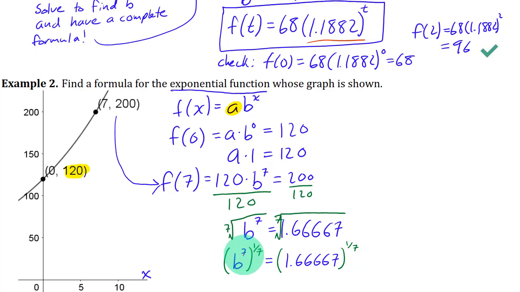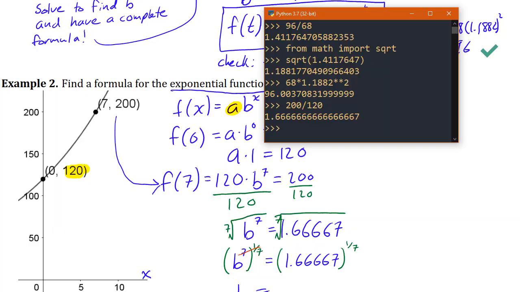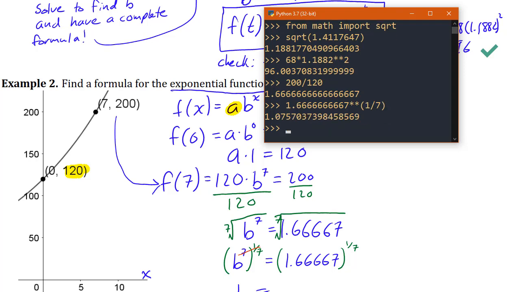And you can see that if you multiply those, it will cancel out. So then you can use a calculator to estimate this. 1.666667 to the power 1/7. And on your calculator, instead of the 2 asterisks, which my calculator uses for exponents, you use the caret symbol, the up arrow thing, of course.